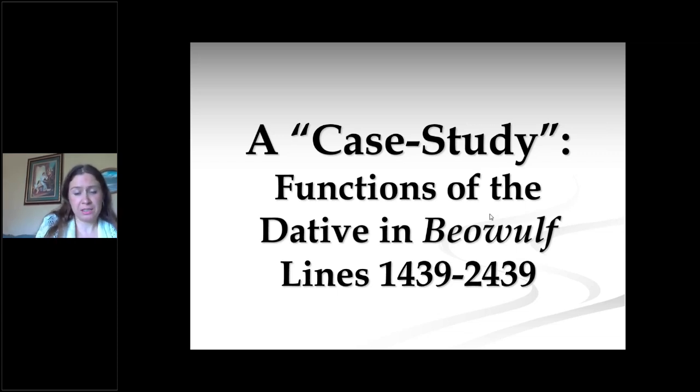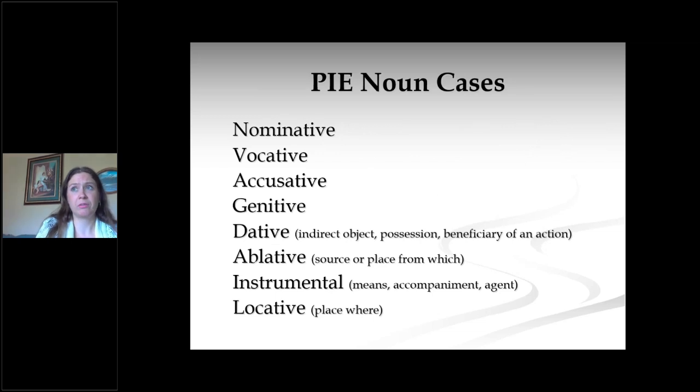So the dative case is one of the original 8 known Proto-Indo-European noun cases. Originally, there was a nominative case, which was the subject case, the vocative, which is the case of direct address. The accusative was the direct object. The genitive was possessive. The dative could indicate the indirect object or possession or the beneficiary of an action.